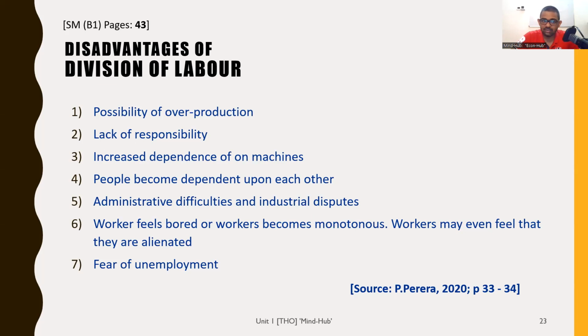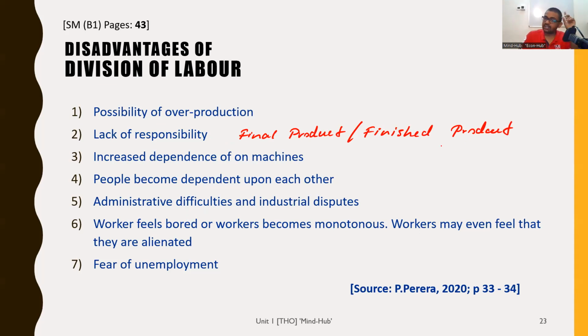Lack of responsibility, because for the final outcome, I'm writing this for our understanding, the final product, or we can say the finished product, there is no one person who is responsible.